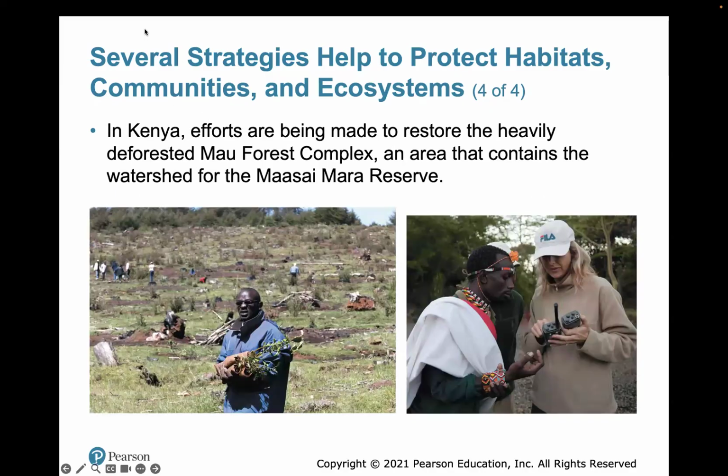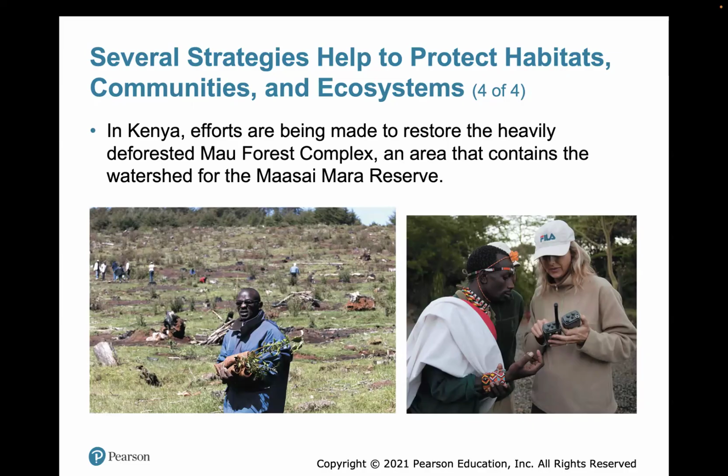Since this chapter's been talking about Kenya and Serengeti a lot, there are efforts being made to restore the heavily deforested Mau Forest Complex, an area that contains the watershed for the Masai Mara Reserve.